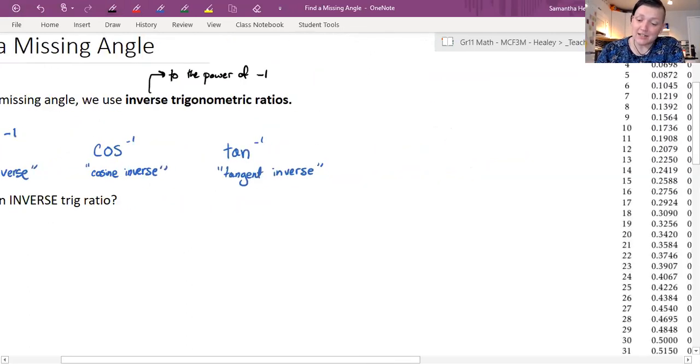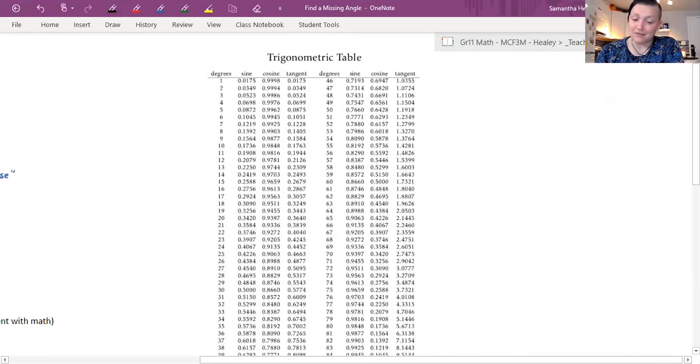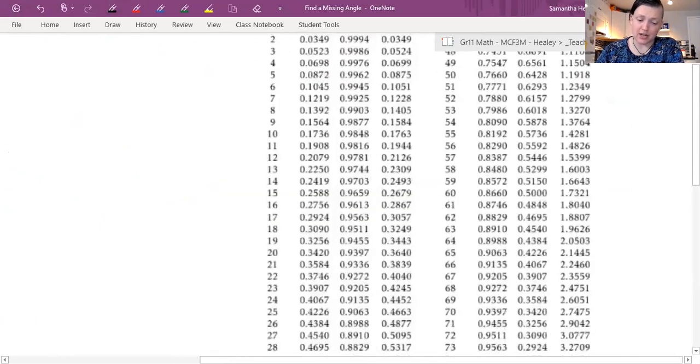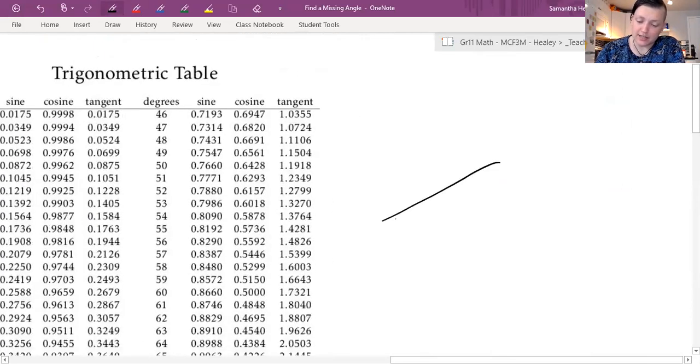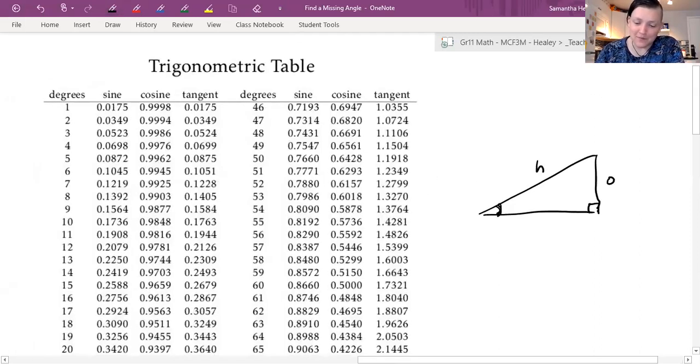Back in the day, you had to consult one of these massive trigonometric tables. You'd say, I have this kind of angle in this corner, and the ratio between this opposite side and this hypotenuse, when I divide those, I get a certain number, and I can use that to help figure out sides.